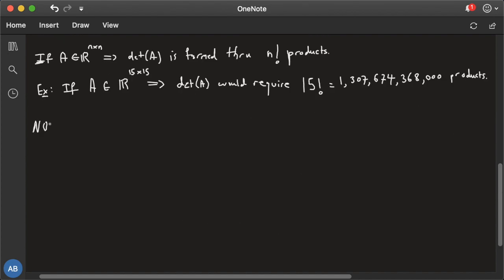Okay? Notation: in some references, you will find that the determinant of A is referred to as det of A, and in some others, you will see an absolute value around A, which also refers to the determinant. Now, in the next lecture, we will introduce the concept of evaluating a determinant using the so-called expansion of minors.